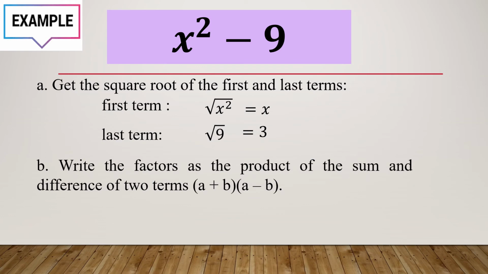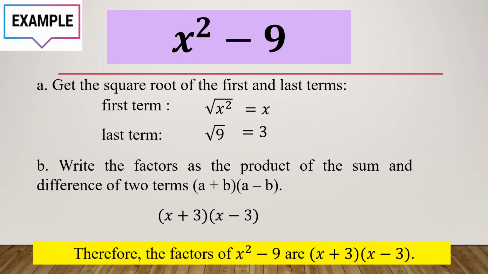Second, write the factors as the product of the sum and difference of two terms, the quantity a plus b times the quantity a minus b, which makes the factors the quantity x plus 3 times the quantity x minus 3. Therefore, the factors of x squared minus 9 are the quantity x plus 3 times the quantity x minus 3.